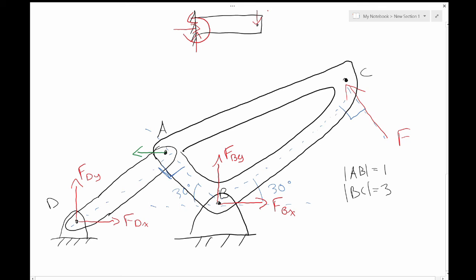Well, that would actually create a moment around D, because you have this perpendicular component of this force.